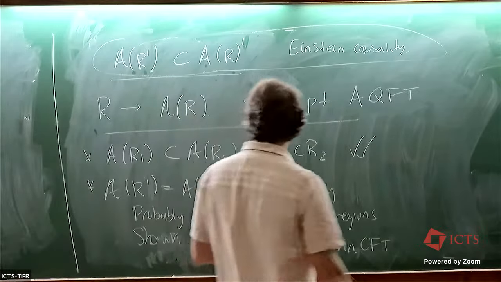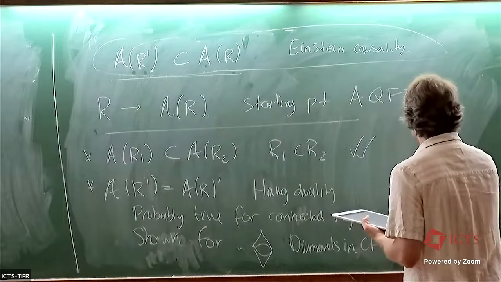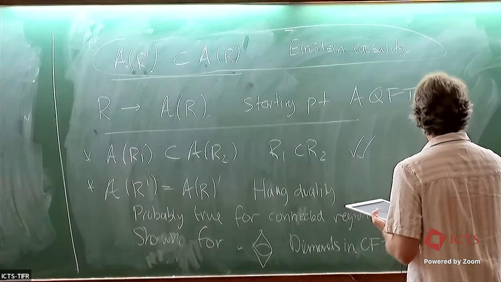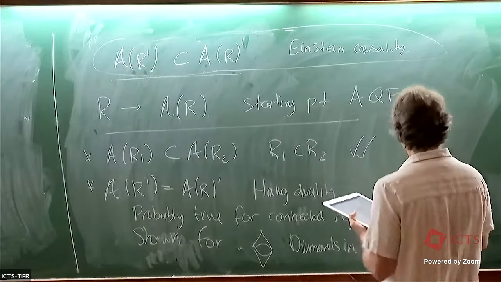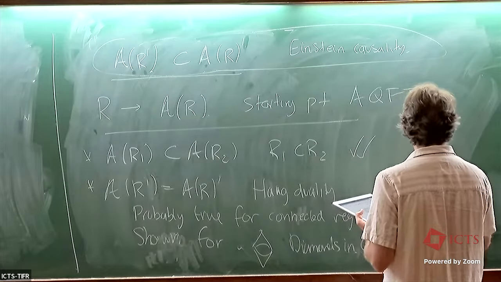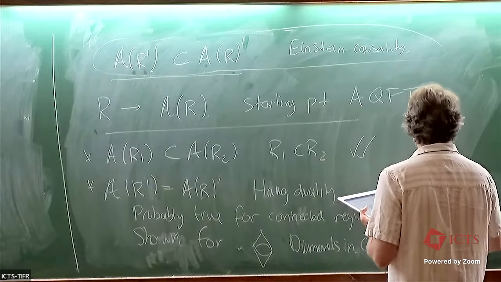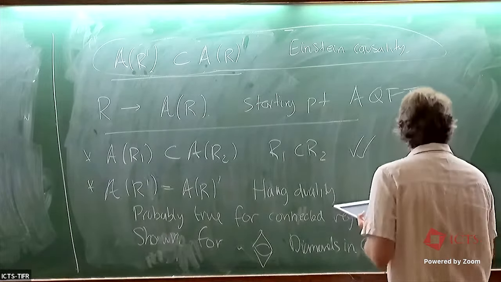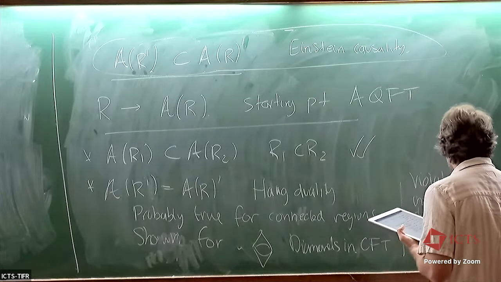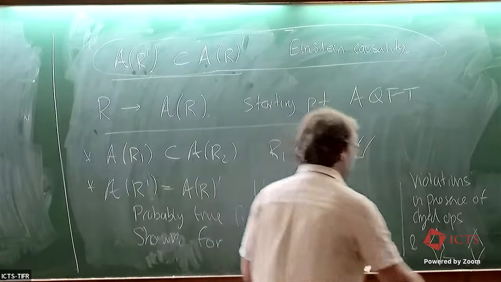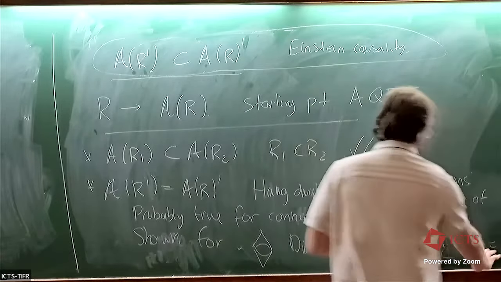And there are interesting violations in theories with charges, in the presence of charged operators, and disconnected regions. So if I had two diamonds, for example, so this is my R, R doesn't have to be a connected thing.